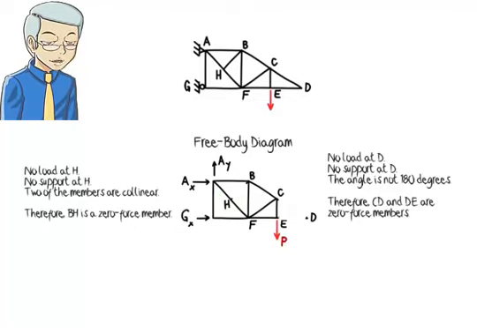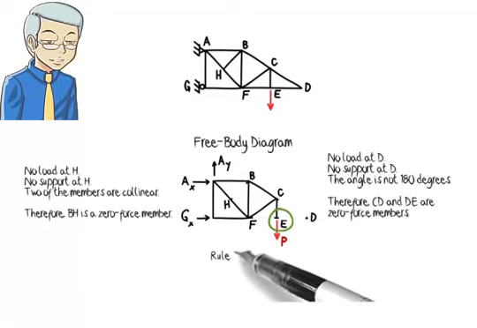If we consider P to be an axial force in a member vertically attached to joint E, then, according to Rule 3, EF is a zero-force member.